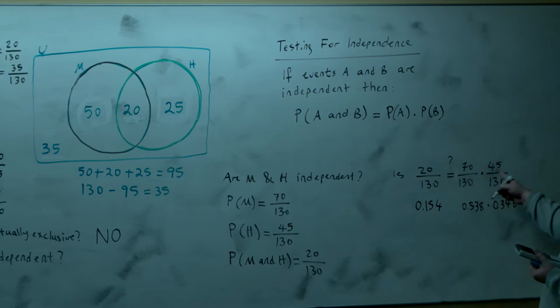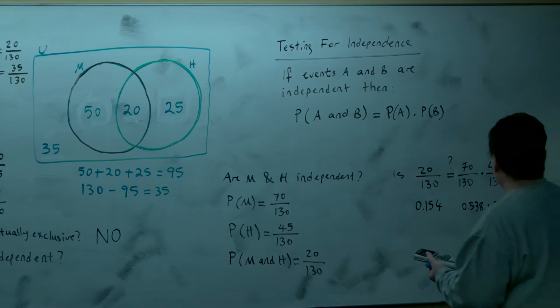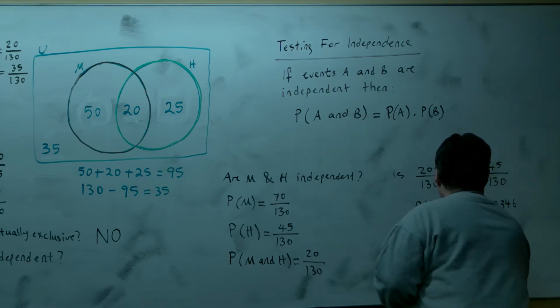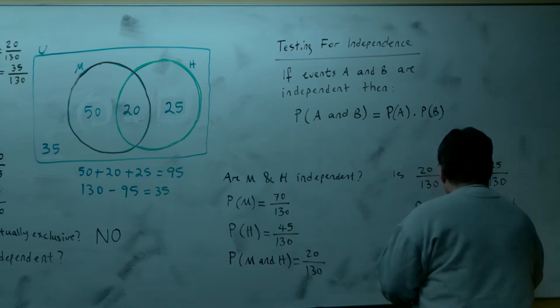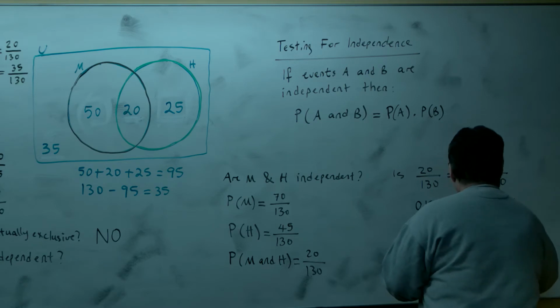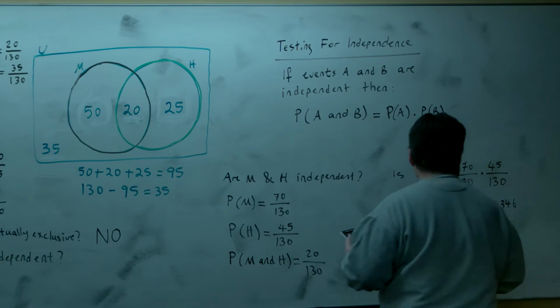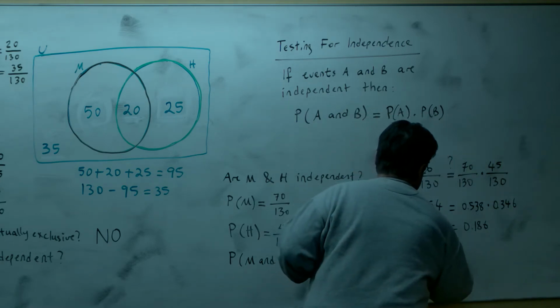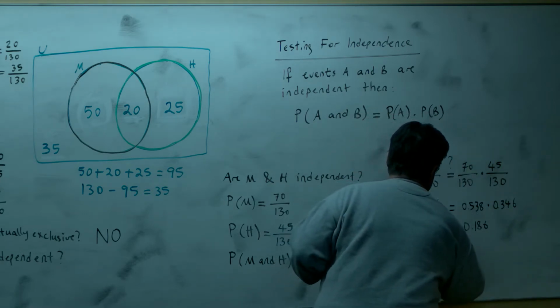Now, if we multiply these two numbers, this side will be equal to 0.186. And on the other hand, we have 0.154.